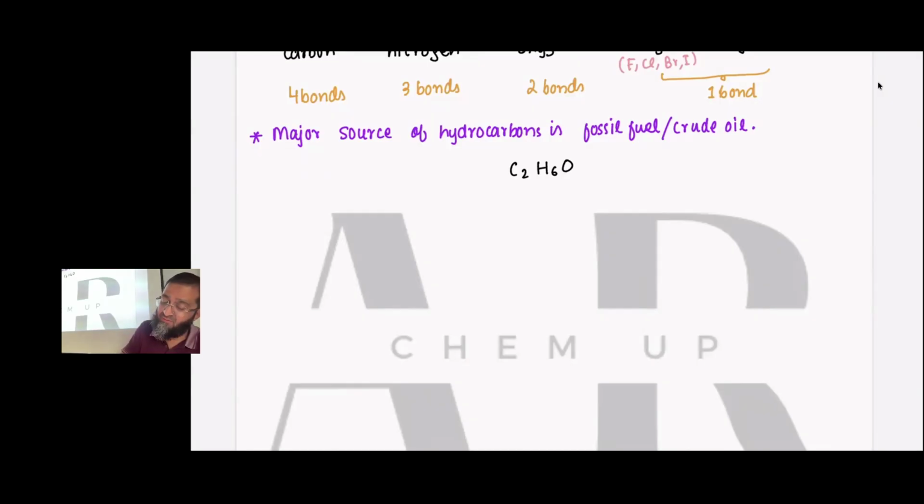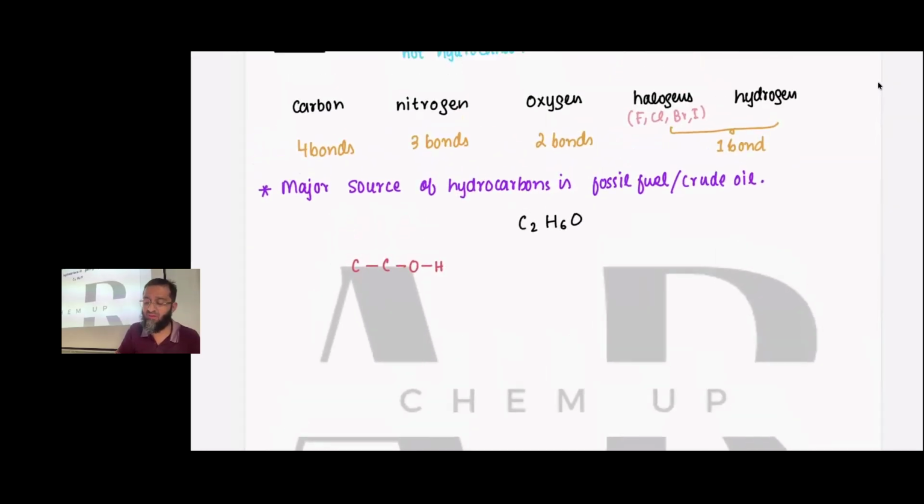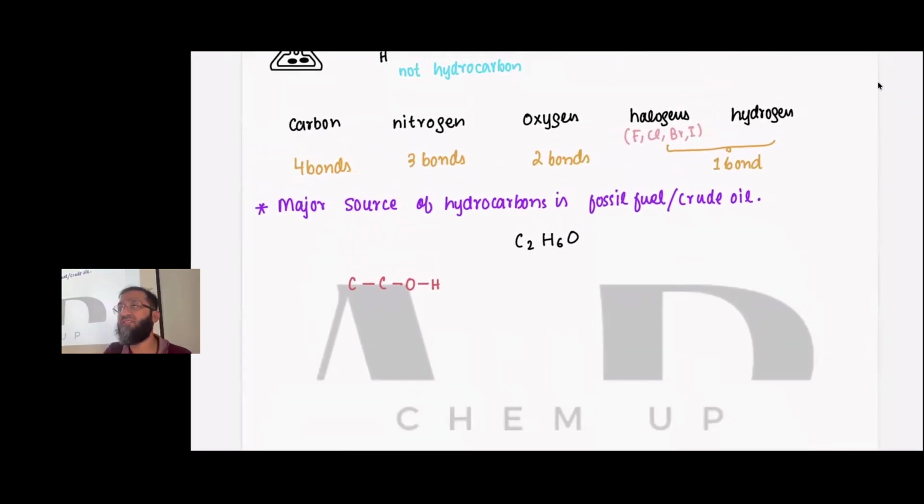Okay. So one possibility is this: a carbon is bonded to another carbon, and that carbon is bonded to O, and then O is bonded to H. If you look, we are done with all the bonds of oxygen.